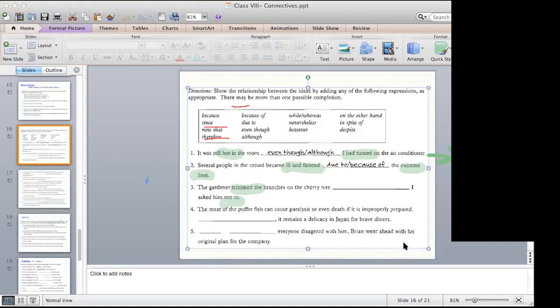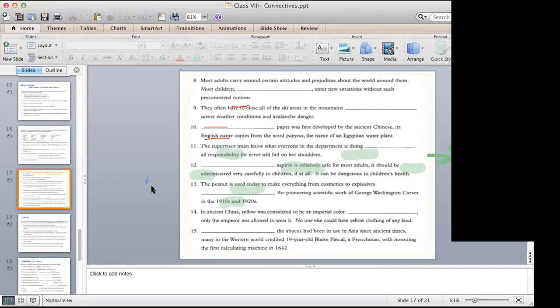Next slide. Most adults carry around certain attitudes and prejudices about the world around them. Most children enter new situations without such preconceived notions. So we can use here: most children, however, or nevertheless, with commas around it. However is correct, nevertheless is correct, or on the other hand.